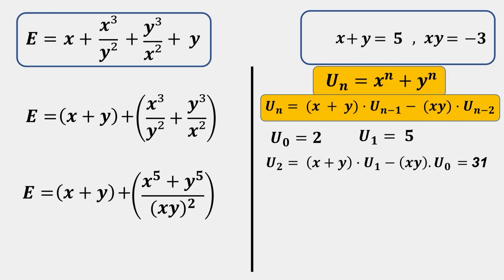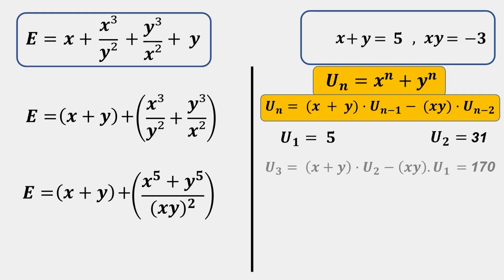u sub 2 equals x plus y times u sub 1 minus x times y times u sub 0. That equals 31. Next, u sub 3 equals x plus y times u sub 2 minus x times y times u sub 1. That's 170.